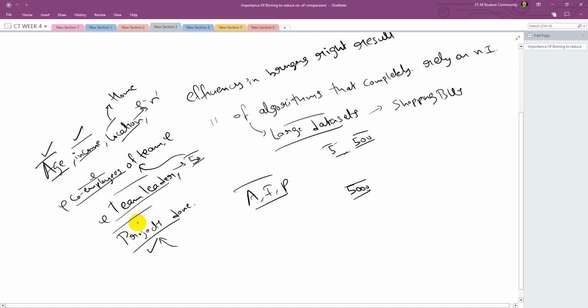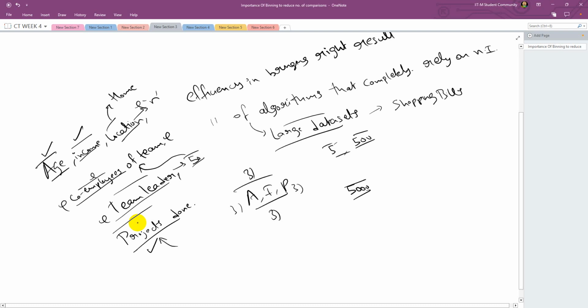This makes the process much easier to compare, to analyze, and to make quick understandings, since we only need to compare people based on these three variables: age, income and projects done by him or her.